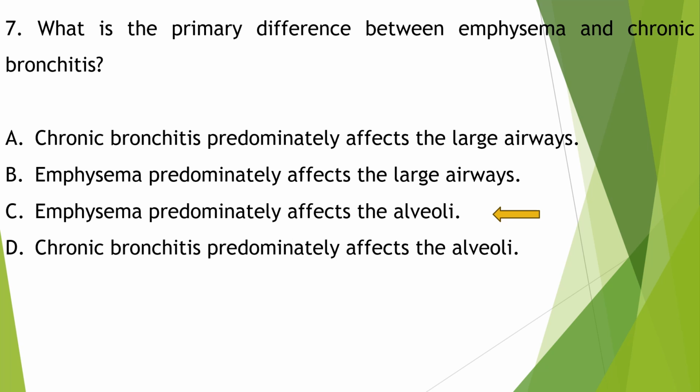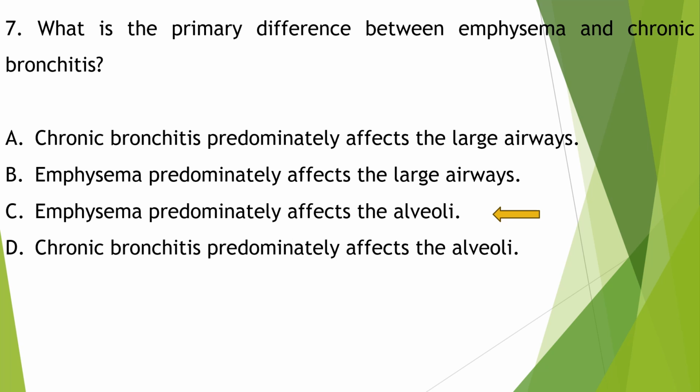In all the others it is written chronic bronchitis. It is affecting small airways, not the larger ones. Emphysema is not affecting the airways, it is affecting the alveoli, and chronic bronchitis is not affecting the alveoli, it is affecting the small airways.